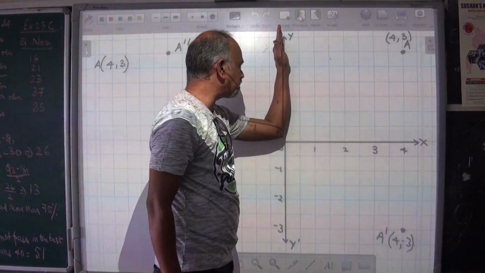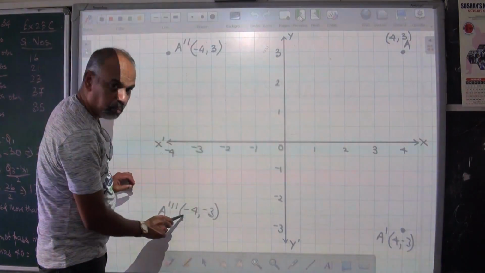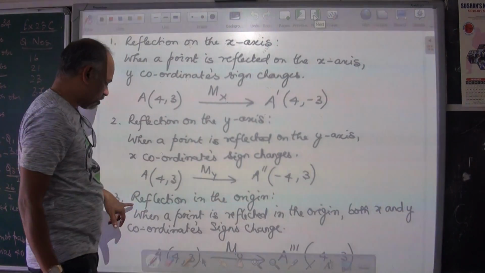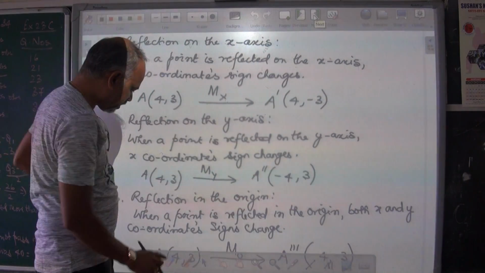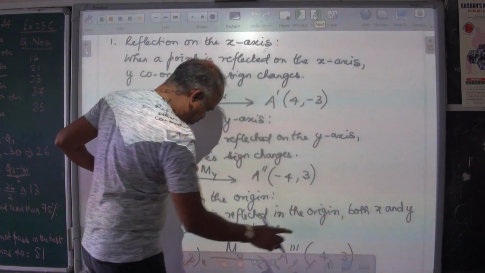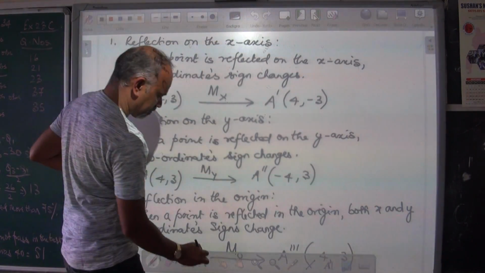When you reflect in the y-axis, the x coordinate sign changes. And when you reflect in the origin, both the signs will change. So the third one is reflection in the origin. When a point is reflected in the origin, both x and y coordinate signs change. Both the signs should change.